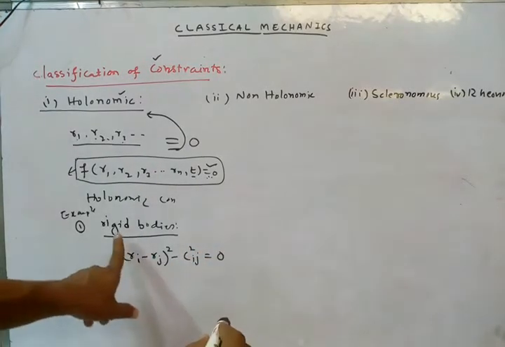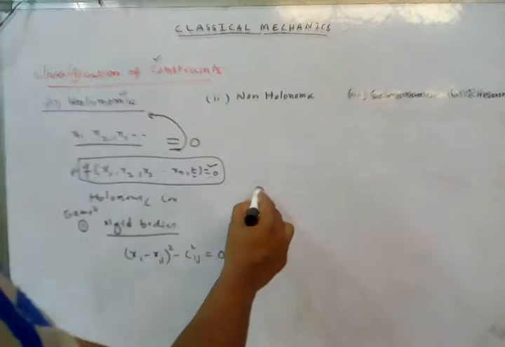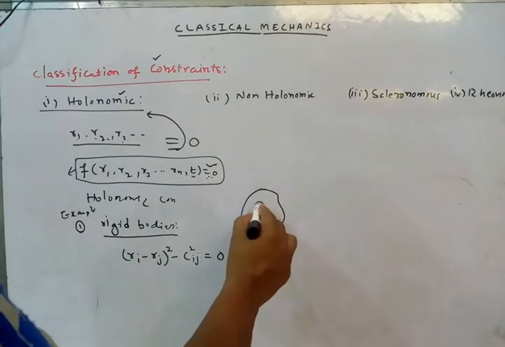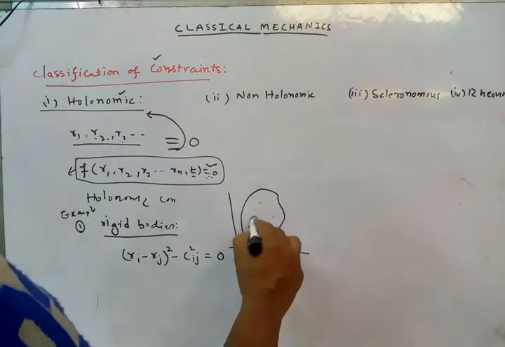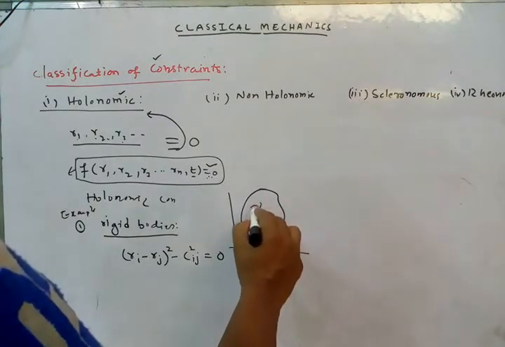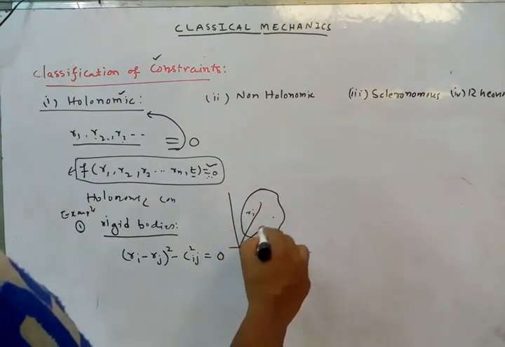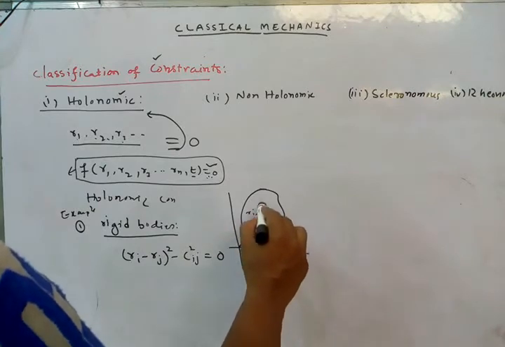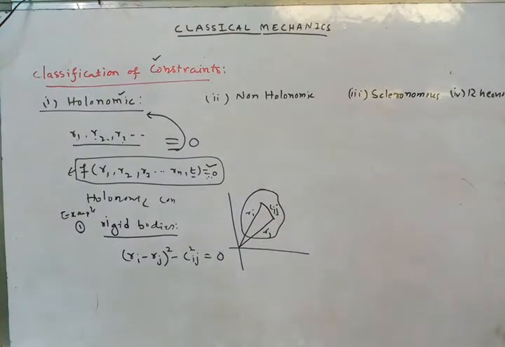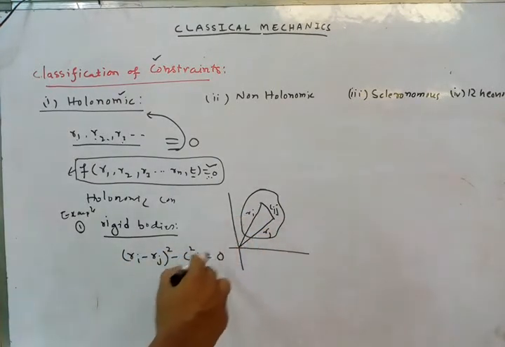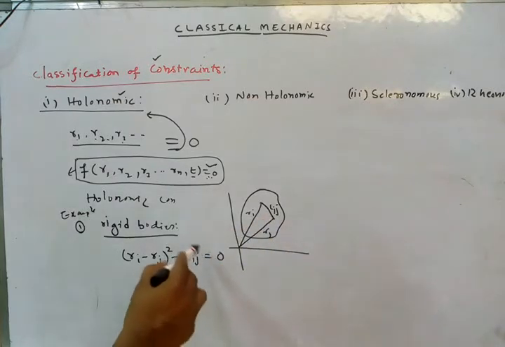What is the rigid body equation here? If you take any rigid body like this, ri is the position vector of this one, rj of this one, and cij is the distance. This is a right angle triangle. Just (ri minus rj) whole square is equal to cij square. This is the rigid body equation.